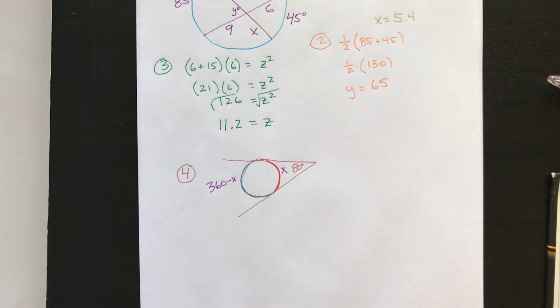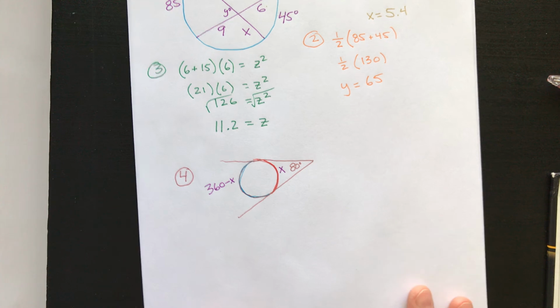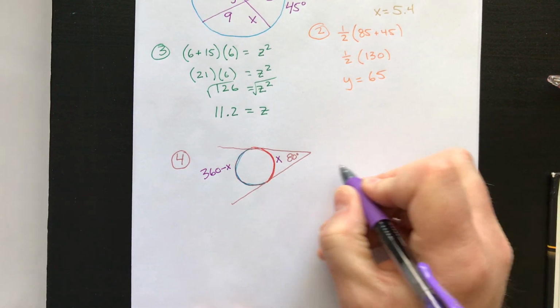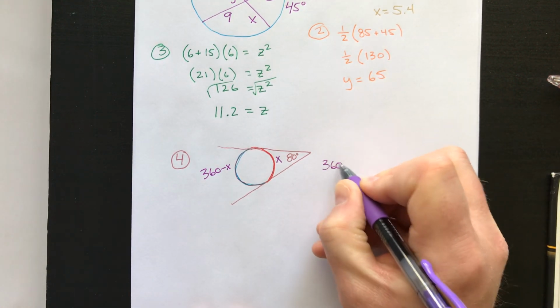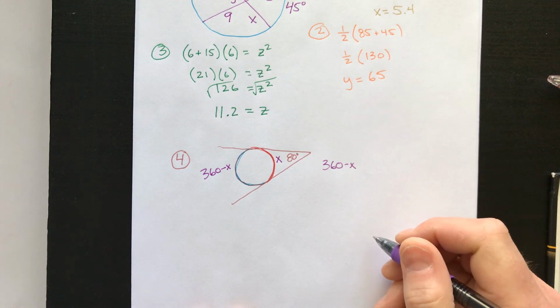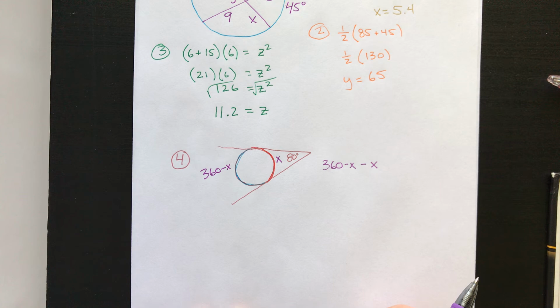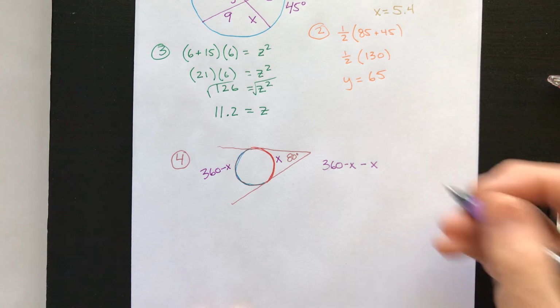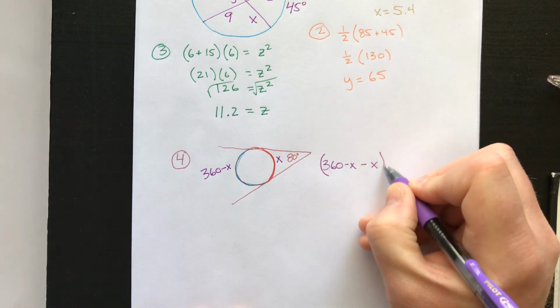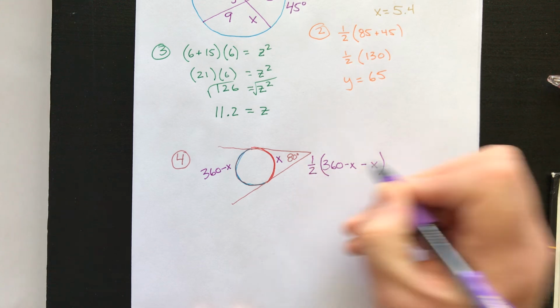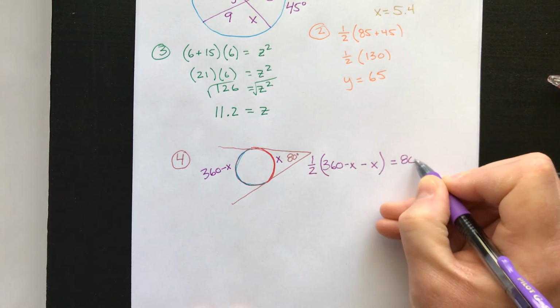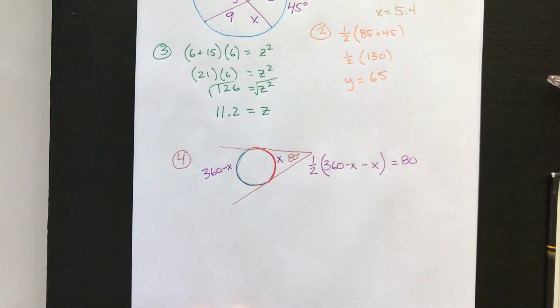All right. So let's take a look here. Larger arc, which is 360 minus x. We subtract the smaller arc, okay? Multiply by 1/2, this is equal to 80, right?